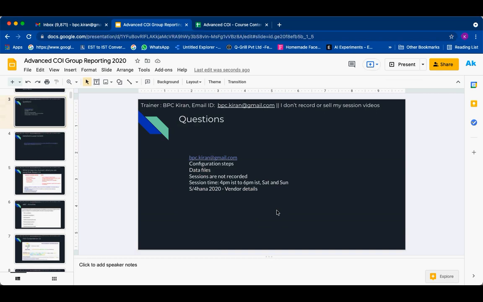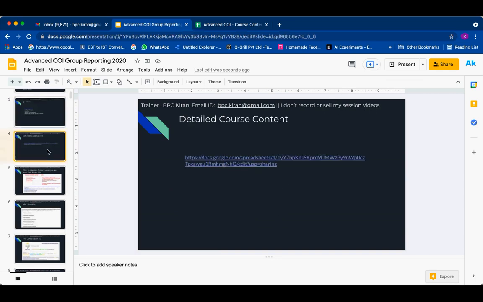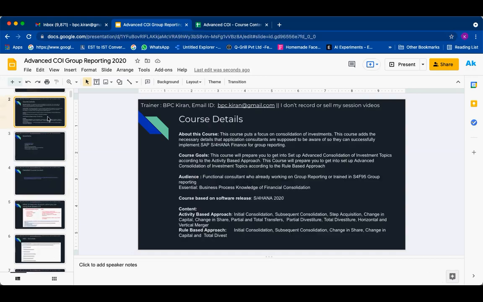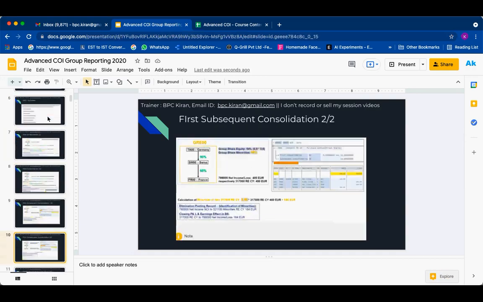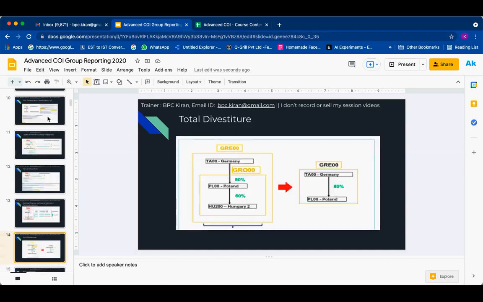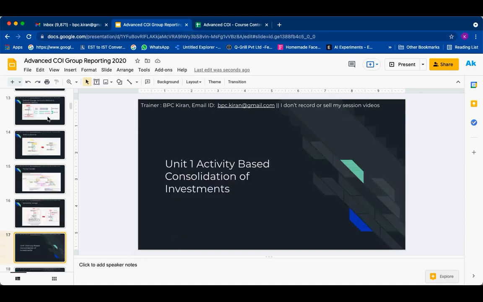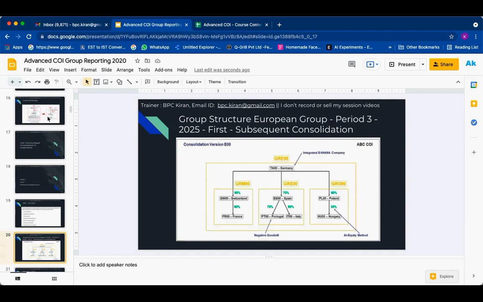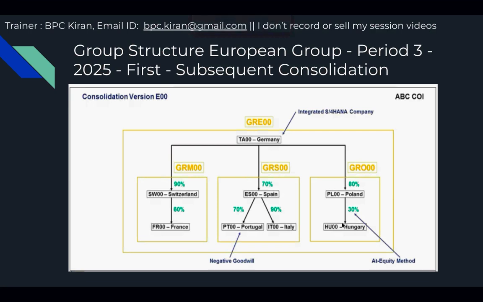Kiran, one more question. Are you also covering the restructuring scenarios? Let's say one group having a couple of entities like Poland and Hungary, this whole group GRO00 is getting restructured and merged into two different groups, like Poland moving to Spain and Hungary going to Switzerland.